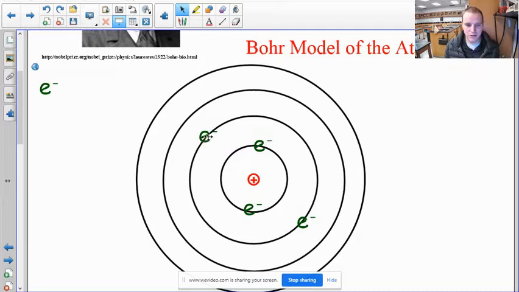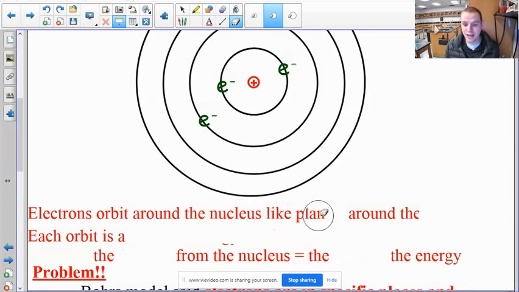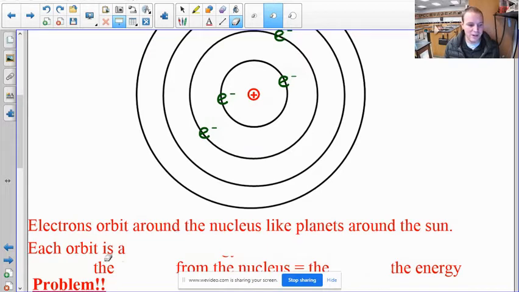So like these electrons are just going around like that with the nucleus at the center. And so what we say is that electrons orbit around the nucleus just like the planets orbit around the sun. Okay? So that was his idea here.